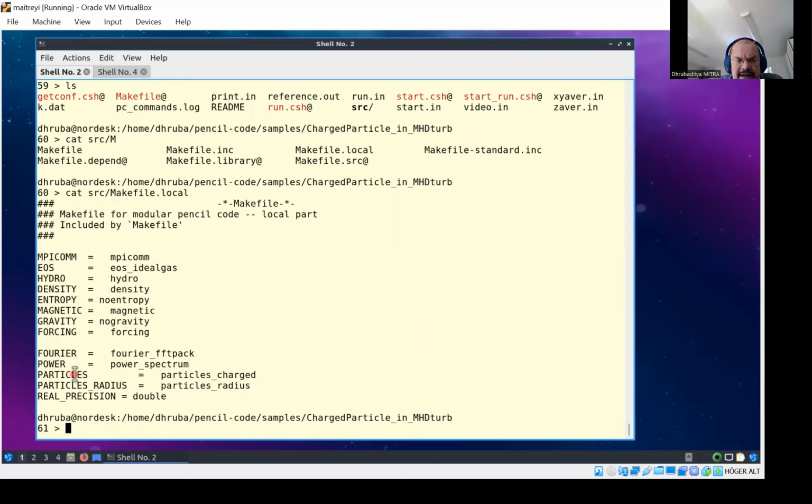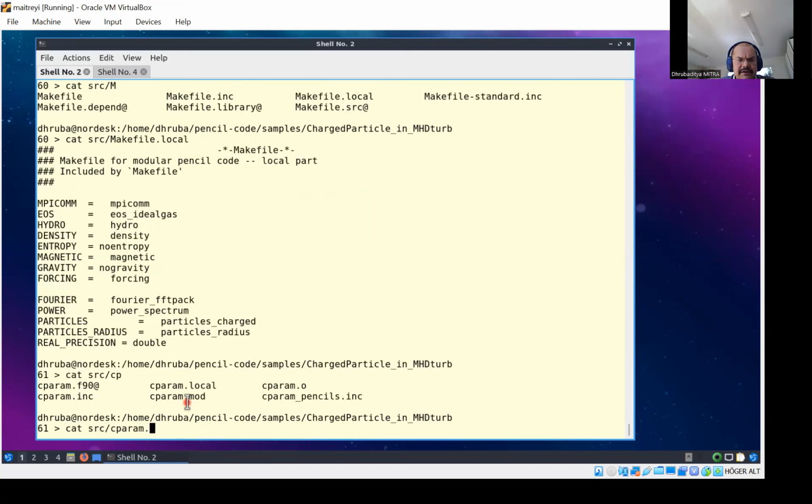But I am saying particles are particles charged, and particle radius is particles radius. That sounds confusing, but it will become clear in a moment. But the other thing you need to remember is whenever you use particles, always use double precision. Okay, good. So this is the makefile.local.